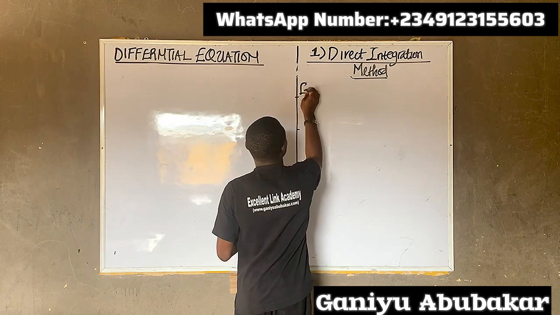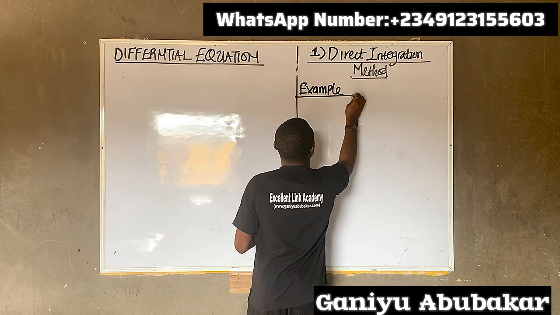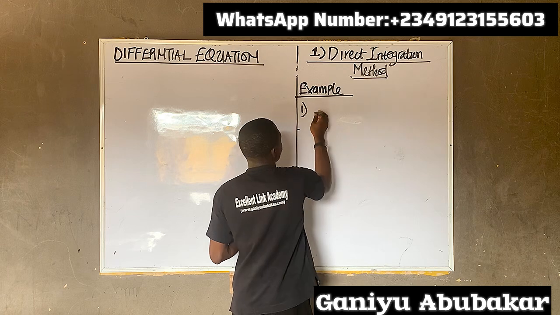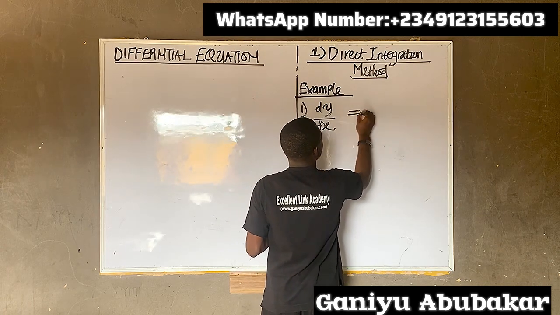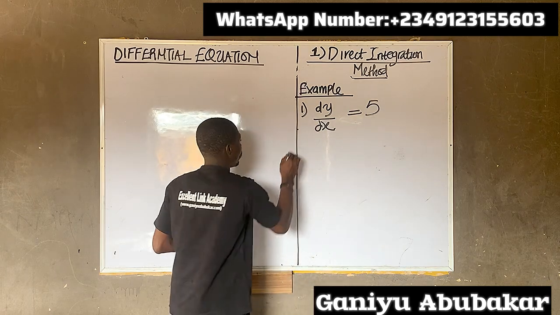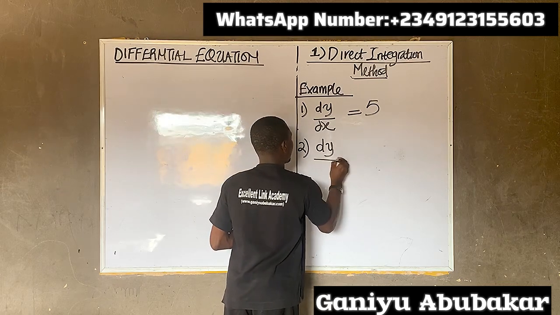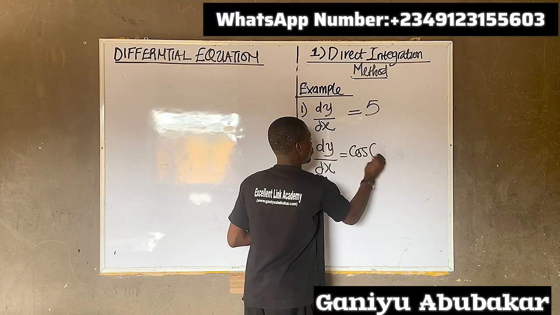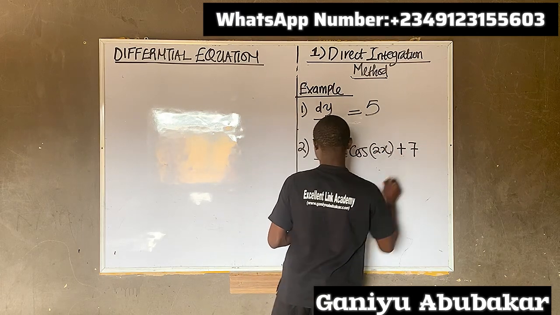We're looking at number one, evaluate the following. Number one, dy over dx is equal to 5. Question two says dy over dx is equal to cos 2x plus 7.